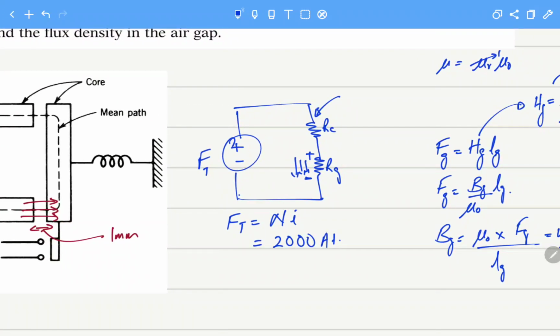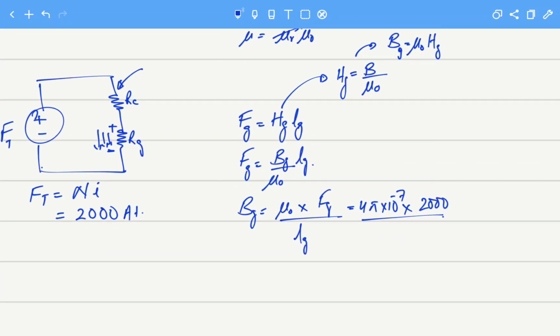We have two air gaps and the length of one air gap is 1 millimeter, so this will be 2 millimeters, converted to meters like this. When we do this, the answer will be Bg equals 1.256 Tesla.